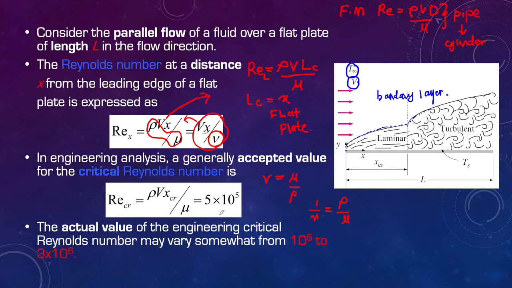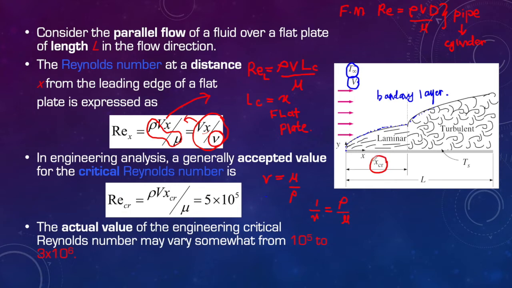Okay, from the critical Reynolds number, we can actually determine the critical length of the fluid, the length where the laminar flow occurs. As we can see here in the figure, we have X critical.